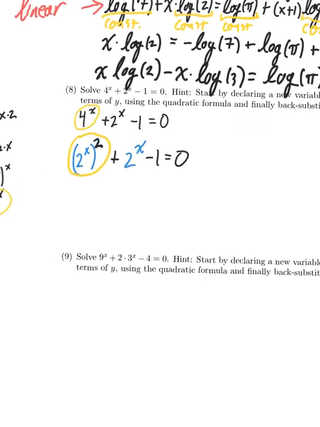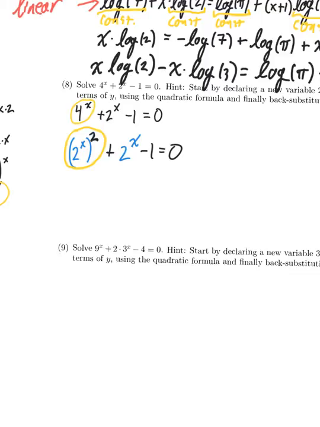And I've done that color coding because it suggests a substitution. Let's substitute y equals 2 to the x.